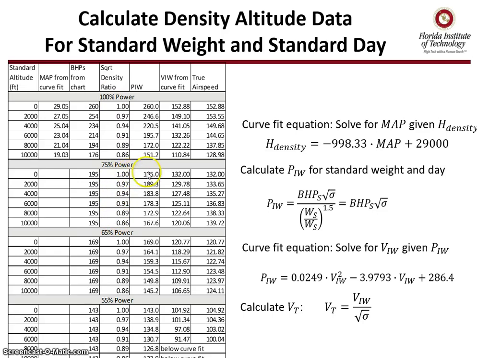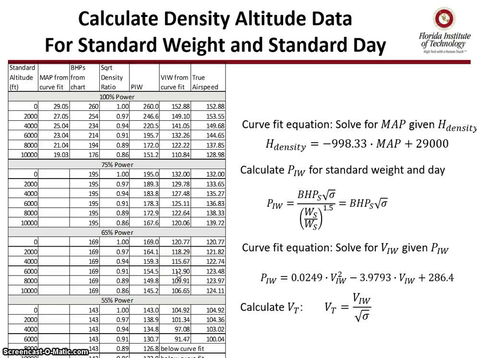And then I'll use the same equations to get PIW, use my curve fit to get VIW, and then use the calculation to calculate true airspeed as shown here using this equation. I'll repeat that for 65% power and 55% power. Again, 65% power is 0.65 times 260, and that gives me 169. 55% horsepower is 0.55 times 260, and that gives me 143. And the rest of the algorithms and data analysis is what we've talked about.